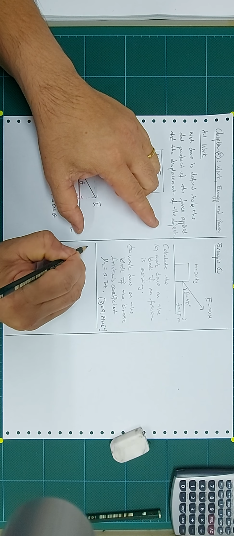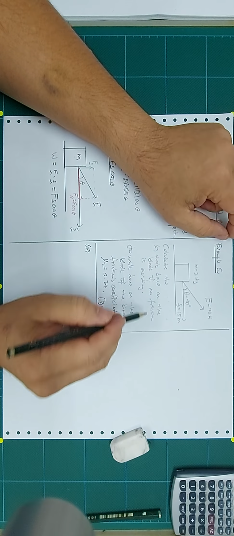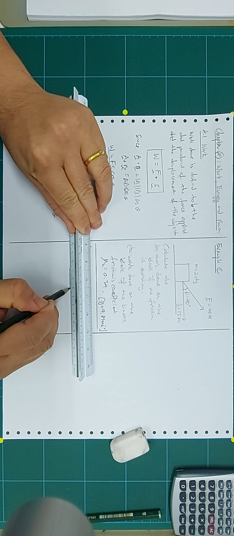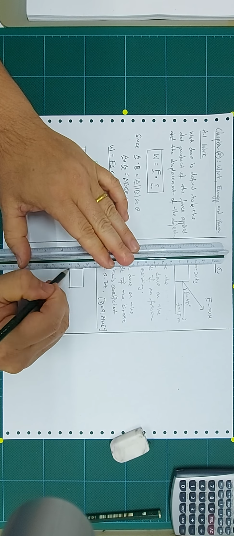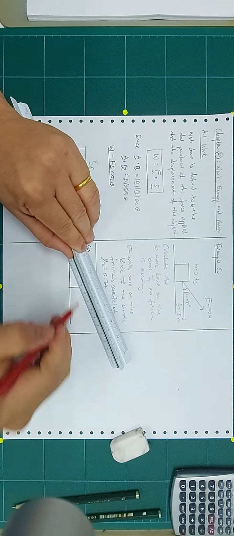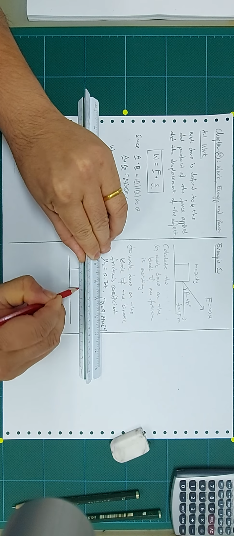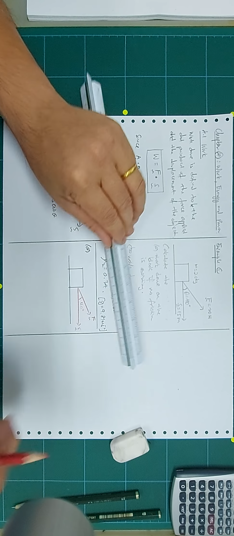Okay, our first one, A, this is our solution. So A, work done on the block if no friction. That means the block experienced no friction at all because the surface is assumed to be smooth. So in our drawing, we only have this force F and this displacement S, and the theta is 40 degree.